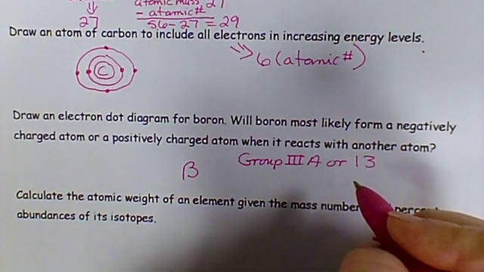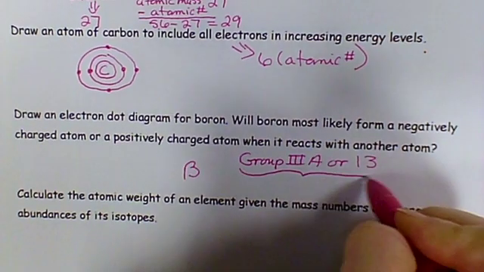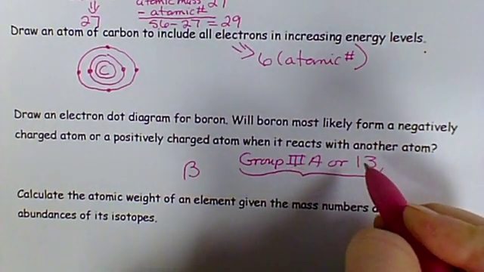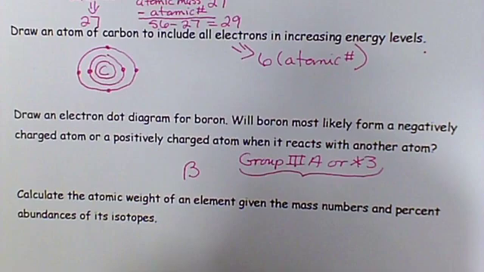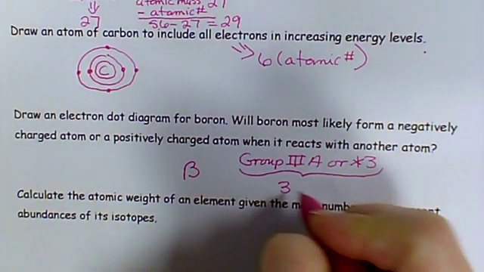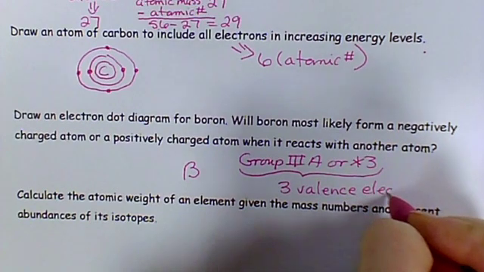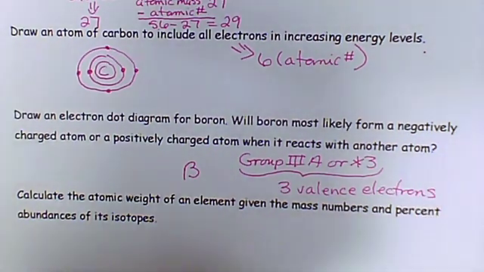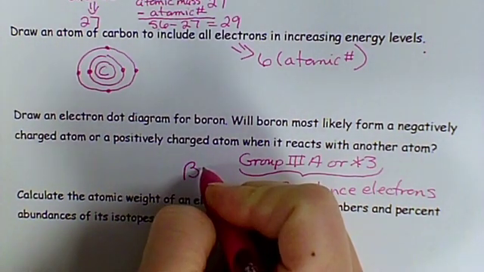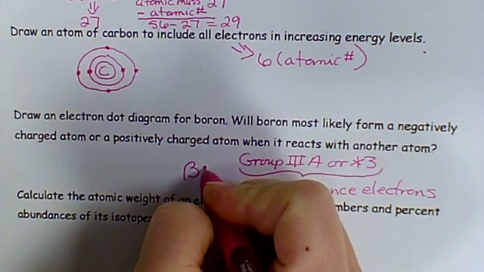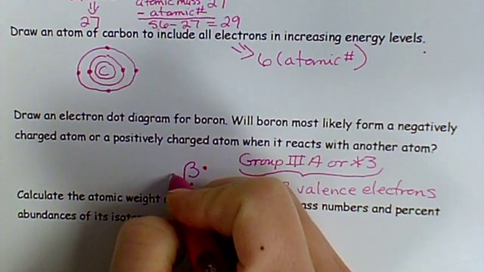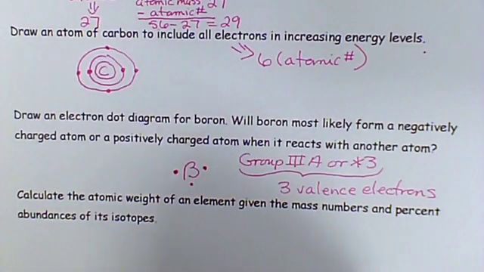Remember, in this group we have 3 valence electrons, and we just cross off the 1 here to get our 3 valence electrons, because it's in group 3A or group 13, whichever system you want to use. So then we just start going around putting our electrons, 1 on this side, 1 on this side, 1 here. We have our 3. Okay?